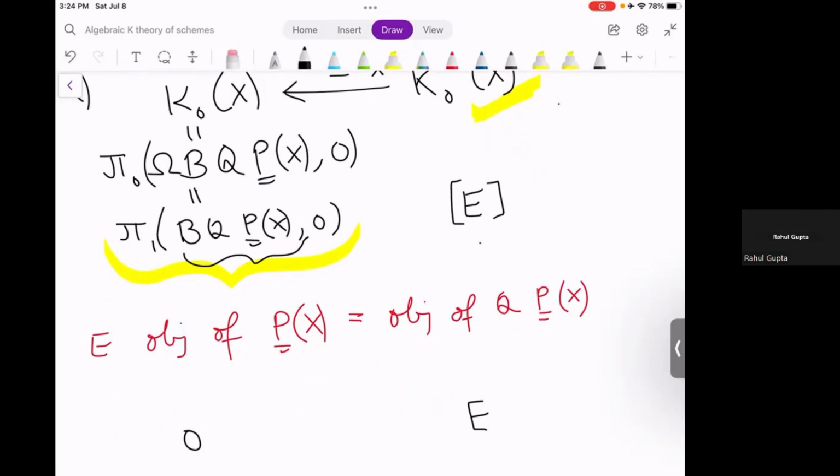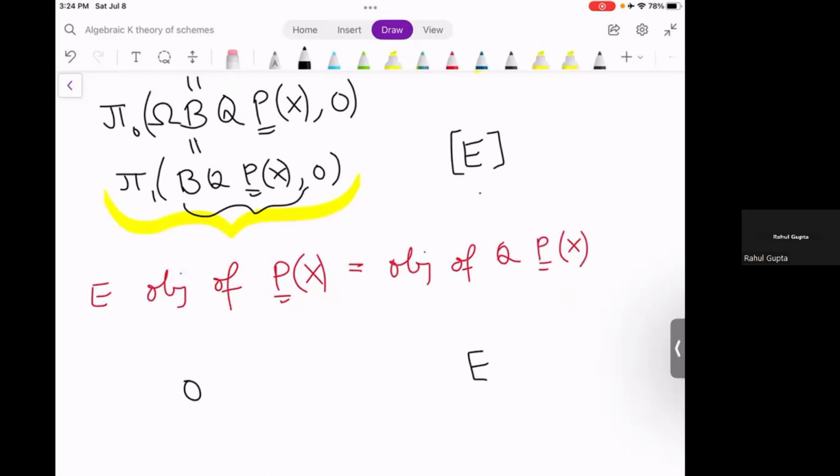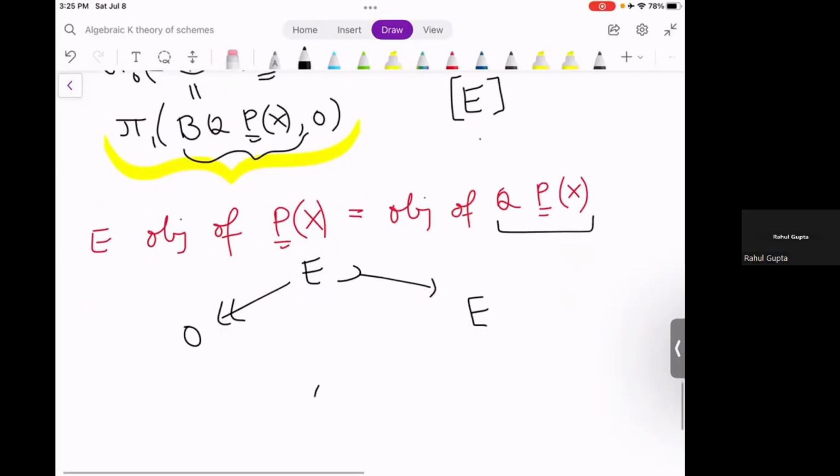Okay. So how do I give a loop around 0? I will say that I have two points, E and 0, and I will give a path between them. Paths in this BQP_X are given by morphisms in QP_X. In this category, if I give you a morphism, that is a path.